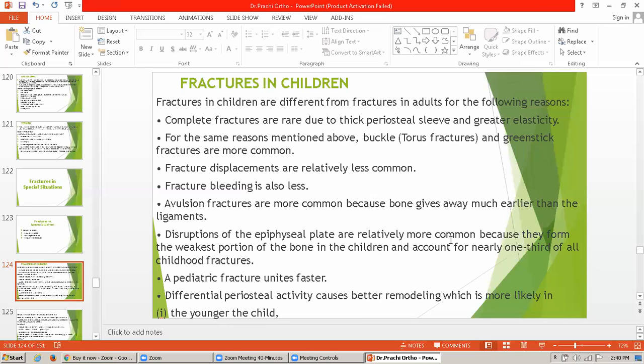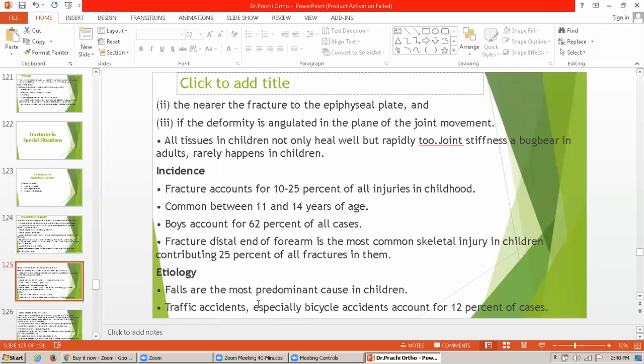Pediatric fractures unite faster. Differential periosteal activity causes better remodeling, which is more likely in younger children, when the fracture is nearer to the epiphyseal plate, and third, if the deformity is angulated in the plane of the joint movement.